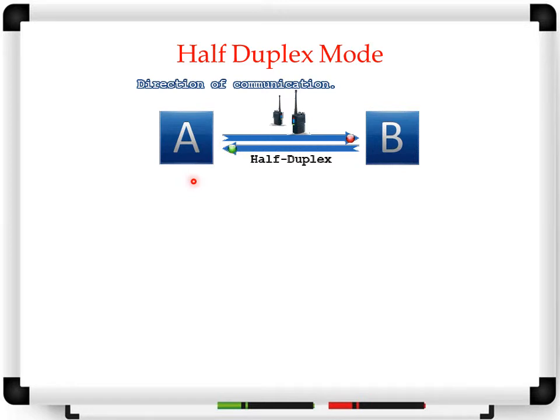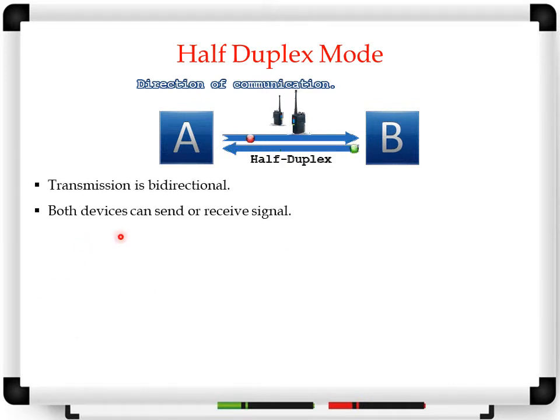But at a time, A can either send the data or receive the data. Similarly, B can either send or receive the data. So the transmission is bidirectional. Both devices can send or receive the signal, but at a time a device can either send a signal or receive it. Now let us see the examples of half duplex communication.